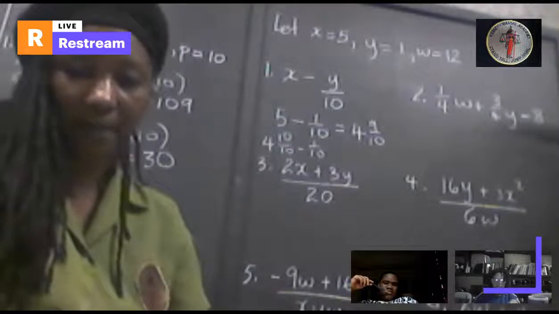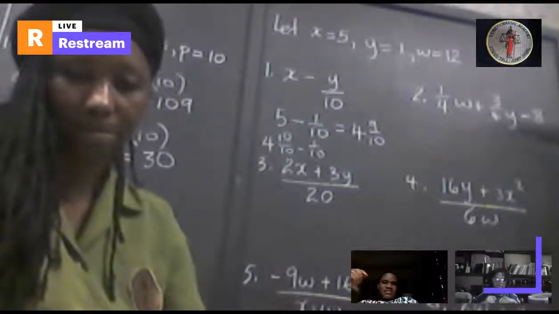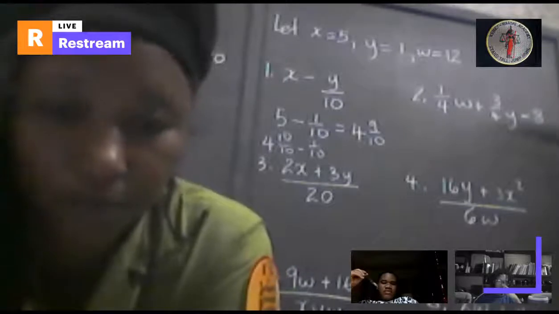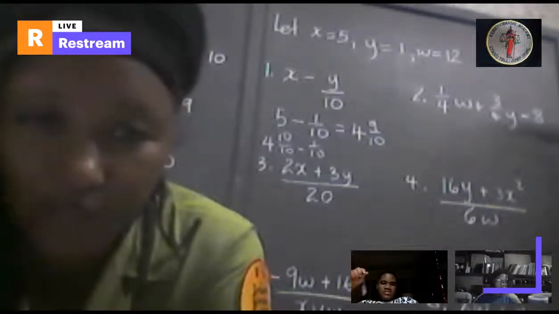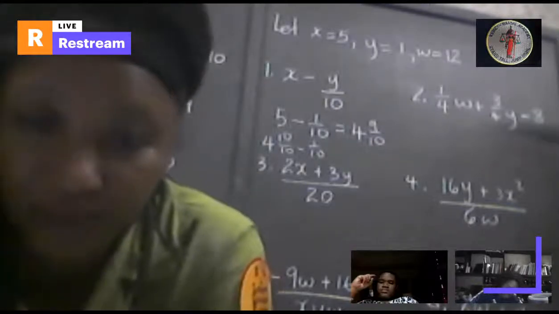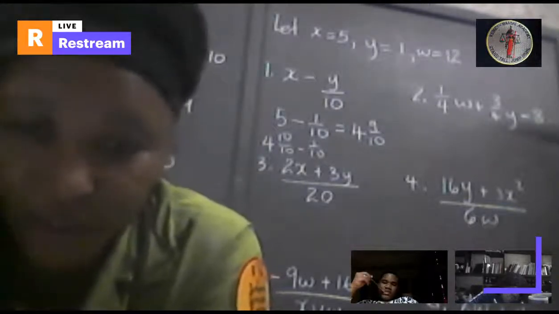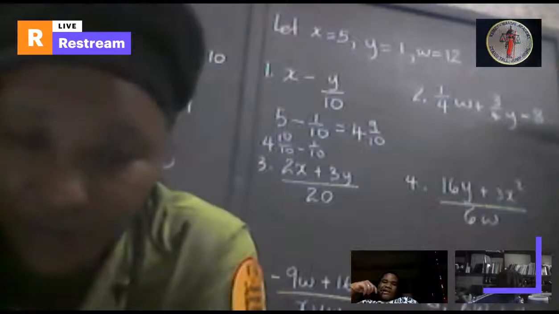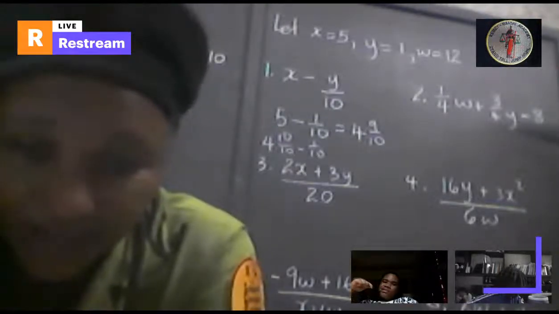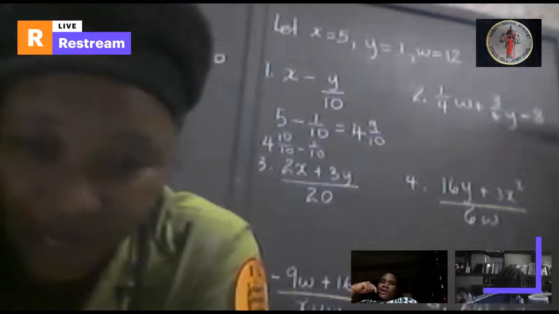Yes. So when you're taking a fraction from a whole number, you can just change the whole number into a fraction by taking 1 from it and rewriting that 1 whole as whatever the denominator of the other fraction is.